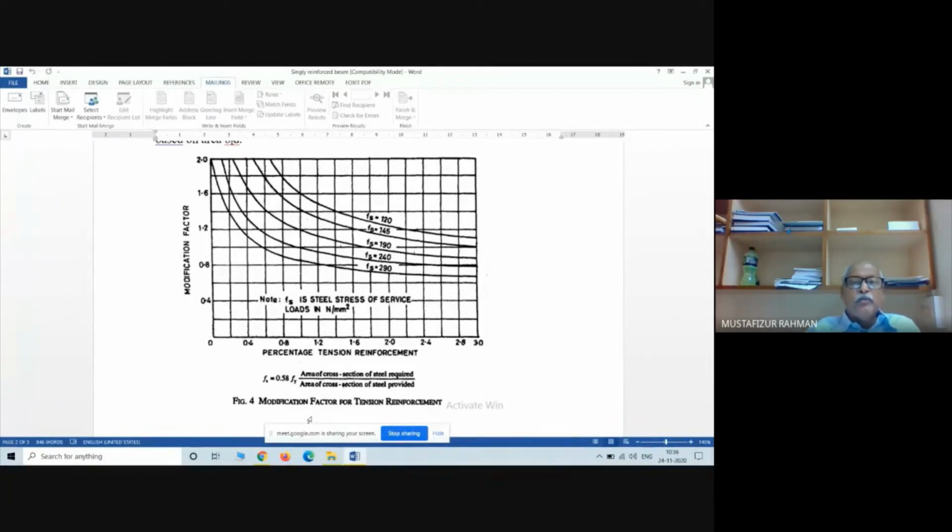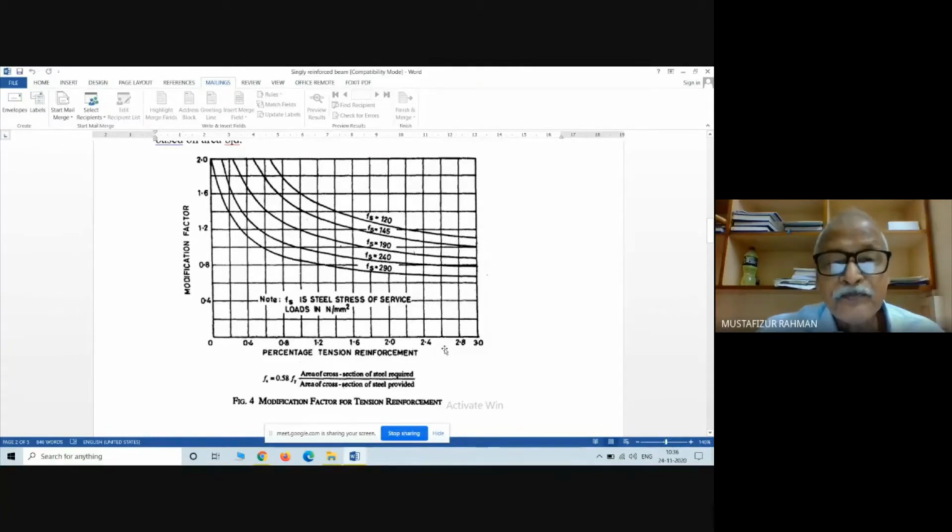So we are going to provide 5 numbers of 20 mm bars. That means the provided area divided by the effective area multiplied by 100 gives the percentage of steel.